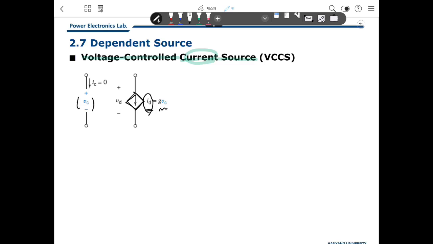So ID is G times VC. G is the gain of the voltage controlled current source, and G is ID divided by VC. The dimension of that is ampere divided by voltage.